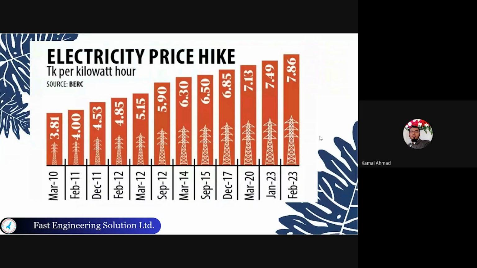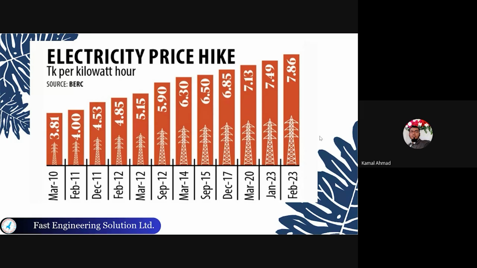Now you can see in March 2010, our price was 3.81 taka per kilowatt, and gradually it increased to 7.86 taka per kilowatt in February.